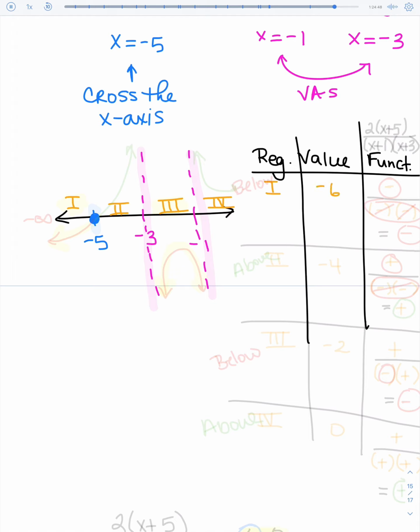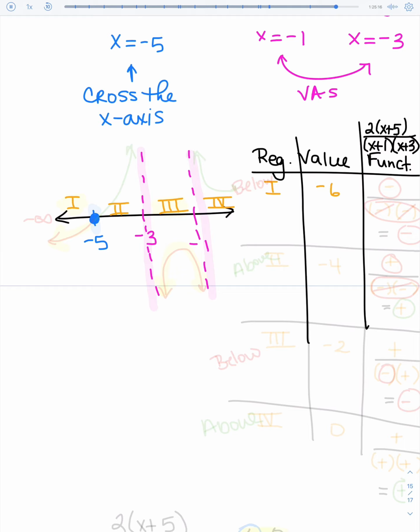And again, go back. Which function are we looking at? The final one that we came up with that has 0 on one side, which looks like 2 times x plus 5 on top, over x plus 1 times x plus 3 on the bottom. So let's see what happens when you plug in a negative 6. Well, let's see.